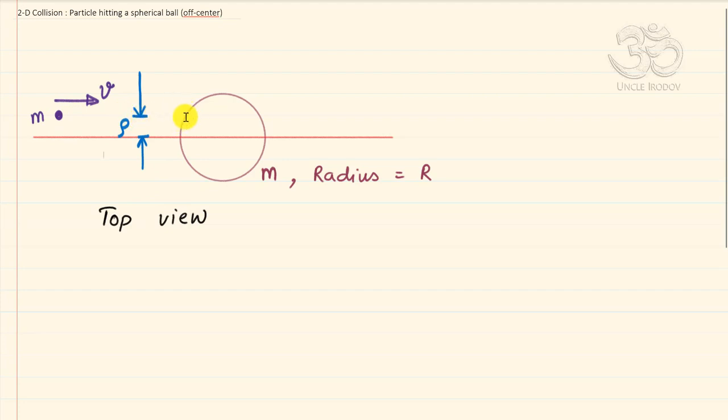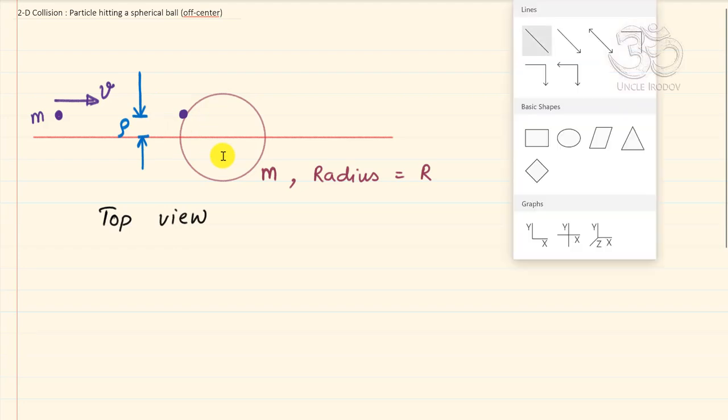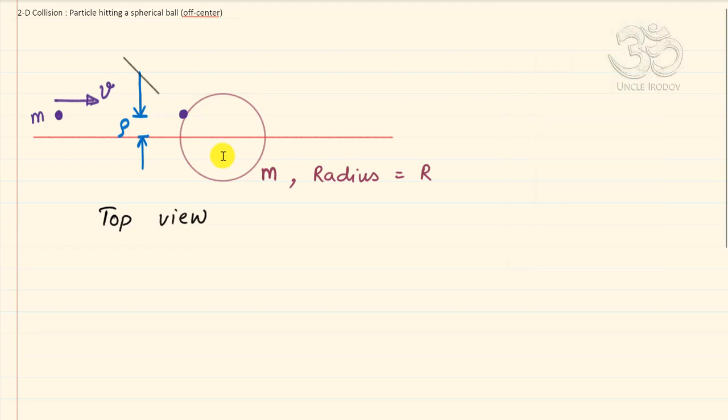So when it hits the ball here, there will be a normal force acting between the particle and the ball that will be acting along this particular line. So I can say that the line of impact is then this particular line.